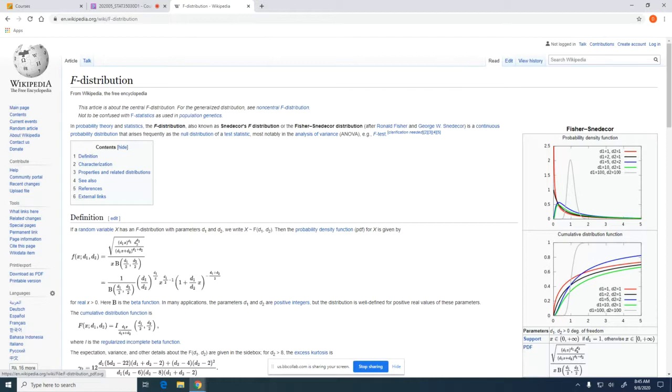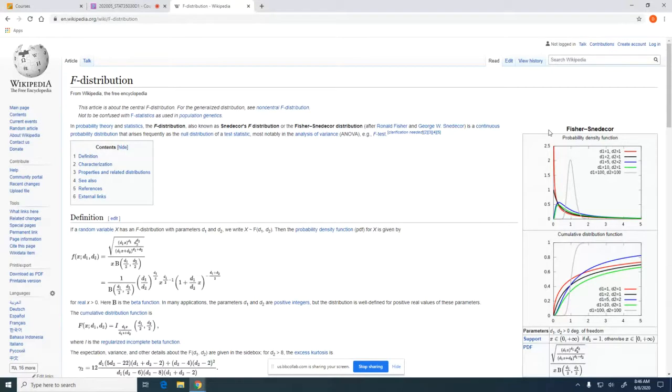In Wikipedia, it has d1 and d2 because they are degree of freedom 1 and degree of freedom 2. The t distribution needs only one degree of freedom, but the F distribution needs two degrees of freedom. Do you know why? Because we can take degree of freedom 1 from this variance, from the numerator, and the other one from the denominator.